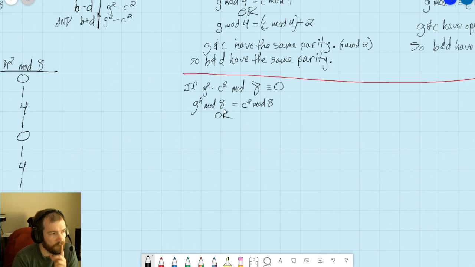Either they're equal or g squared mod 8 is going to be equal to 2m plus c squared mod 8 if odd.